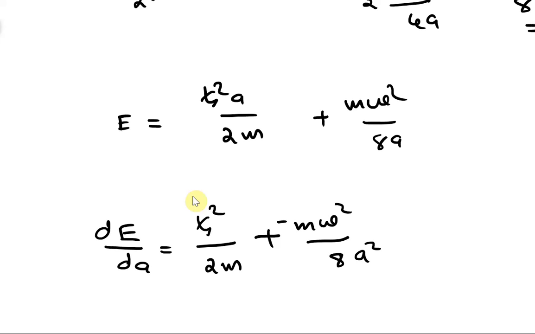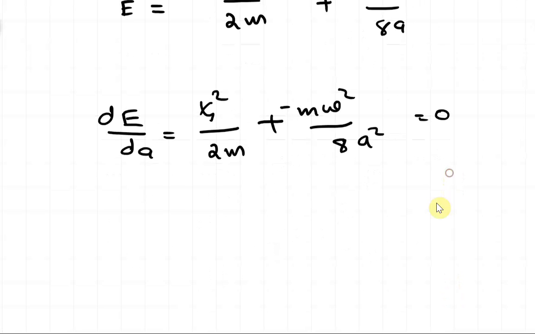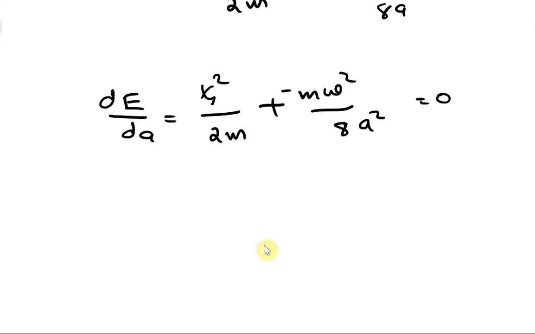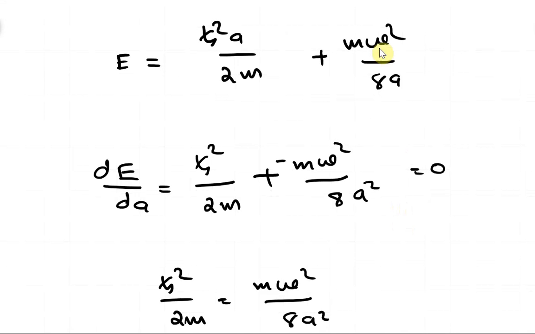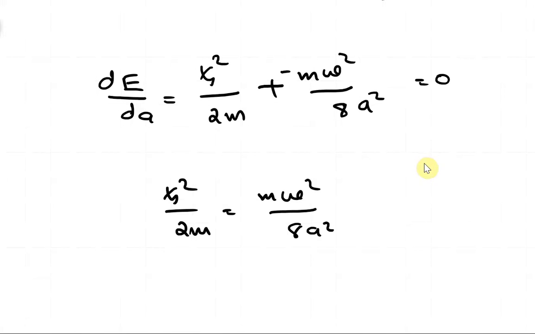So this has to be 0 for the minima or maxima condition. That will give you h cross square by 2m equal to m omega square divided by 8a square. Is that correct?